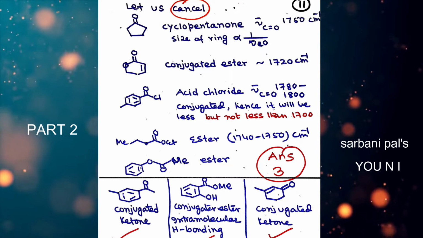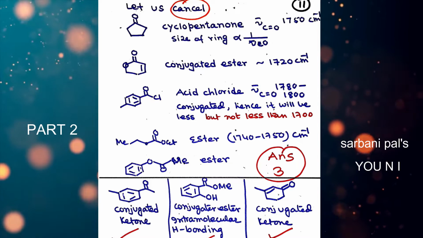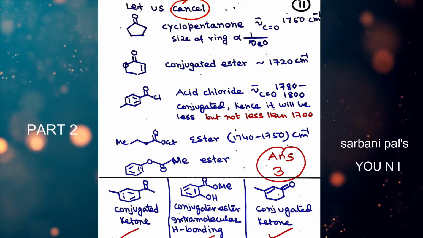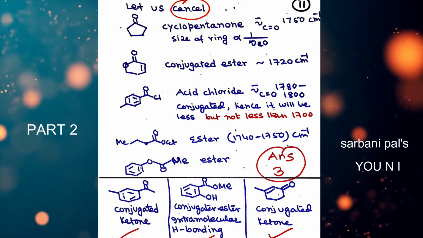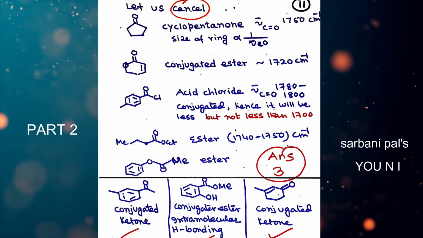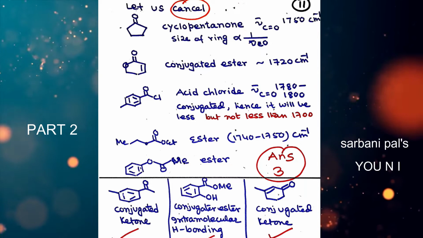The next one is the acid chloride. That is usually acid chloride appears at 1780 to 1800 centimeter inverse. As because this C double bond O is in conjugation with phenyl, so it is expected that it will be less, but at any cost it will not come below 1700.